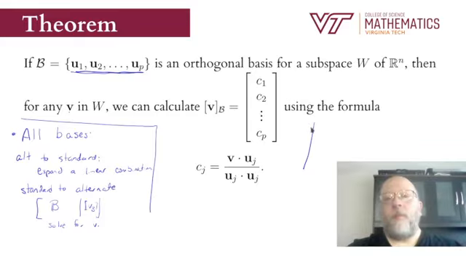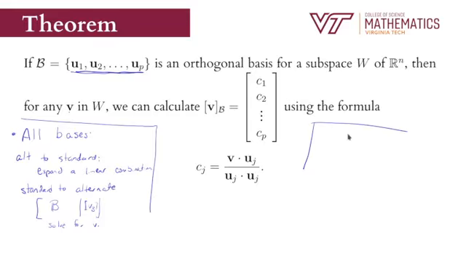For orthogonal bases, we can use this dot product formula to go from standard to alternate, which is faster than row reduction.